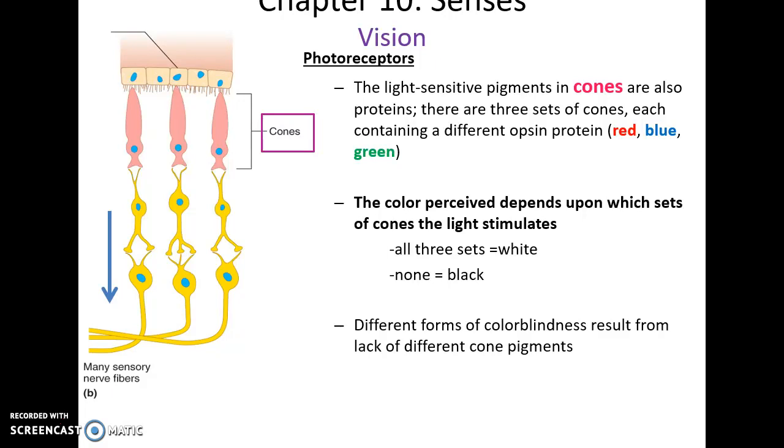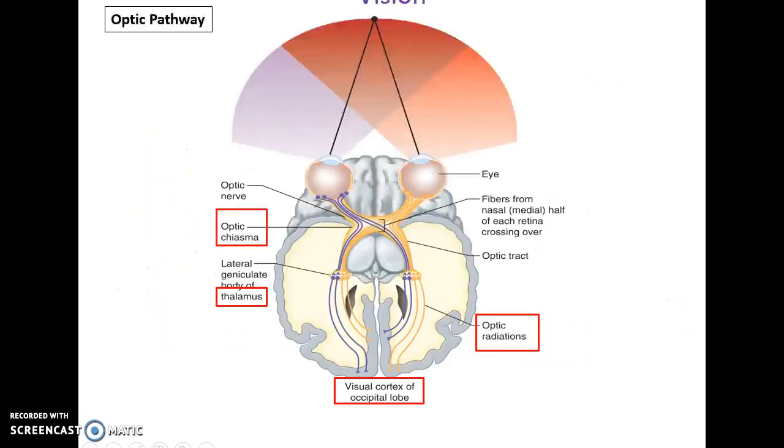Depending on what combination of these three kinds of cones are stimulated by light will affect what kind of color you see. If all of them are stimulated equally, you get white light. If none of them are stimulated, it's black. People with color blindness can have different kinds of color blindness depending on which of the pigments they don't produce.